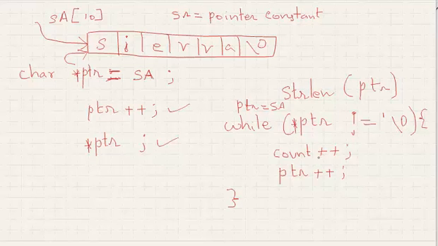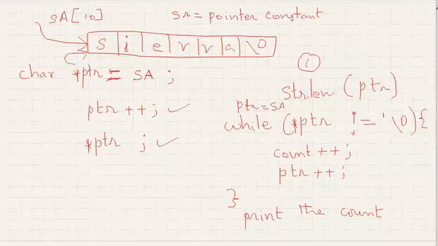No. So it will increment both the count and the pointer. It goes and goes and goes, and when it finds the null terminator, it breaks out and you can print the count, right? That gives the string length. So that is one method of doing string length using our own program.